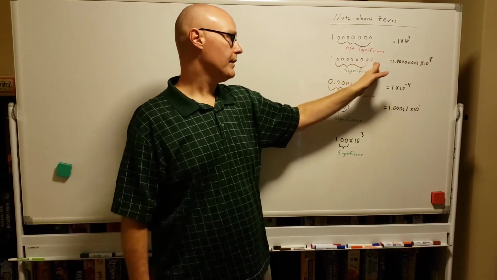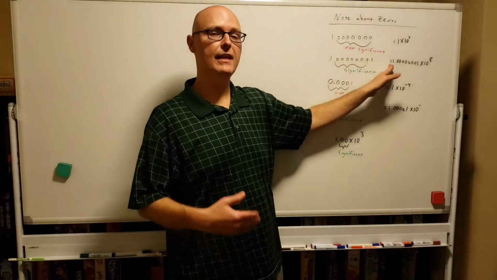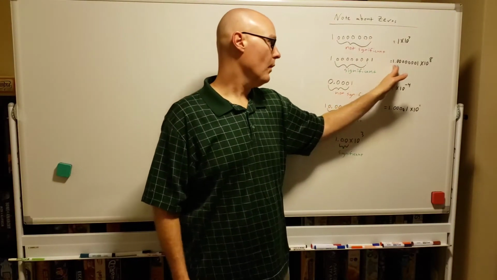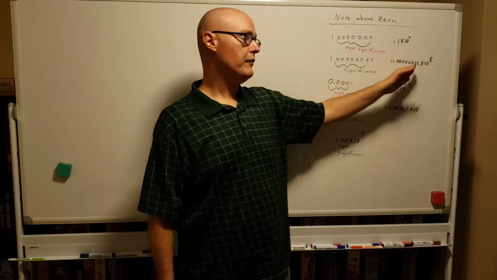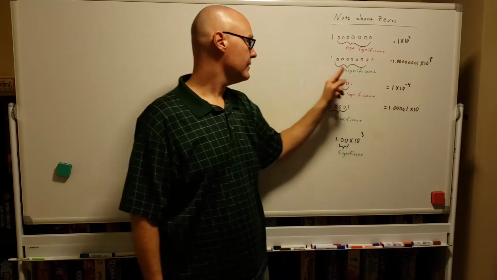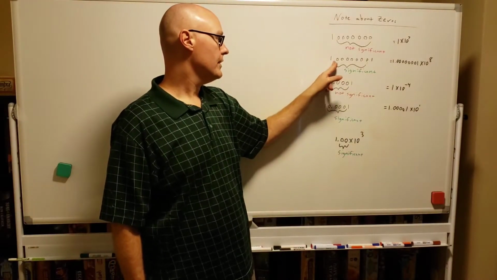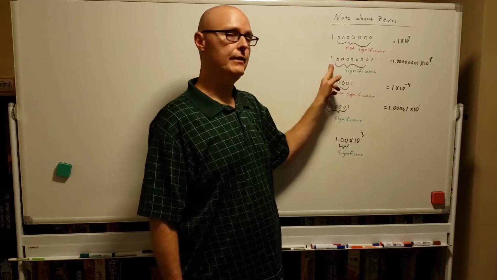All of those are significant, so they all have to come across when I'm expressing scientific notation. So all of my significant figures. Then I have to still account for the places, so that becomes 10 to the 8, because this digit is 10 to the 8 from here.